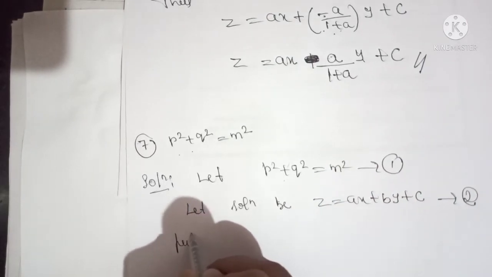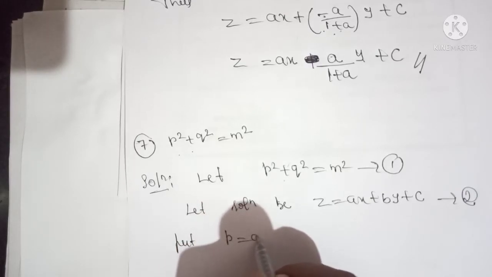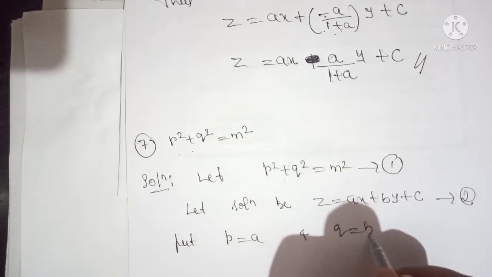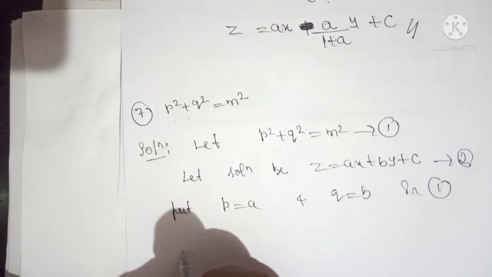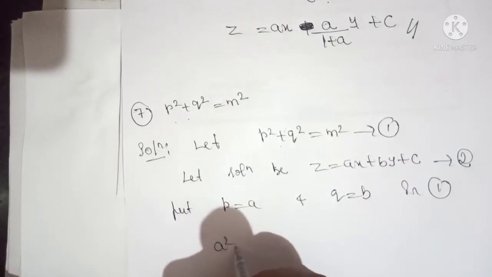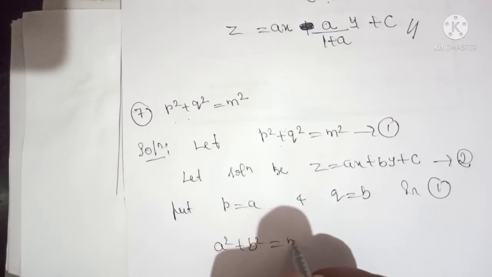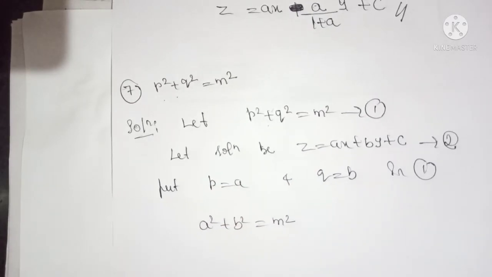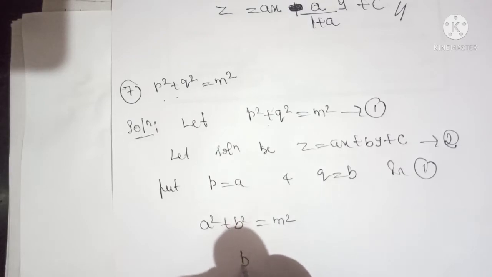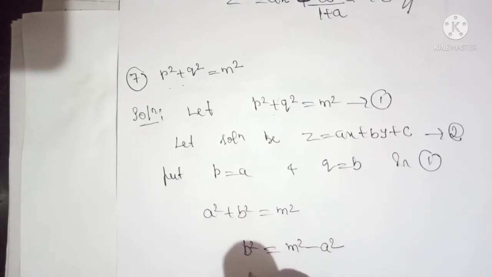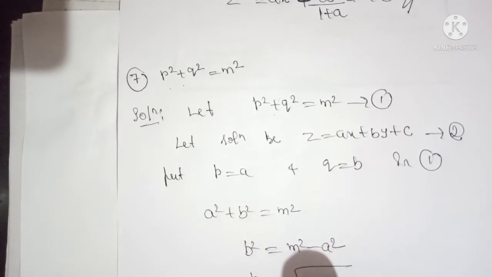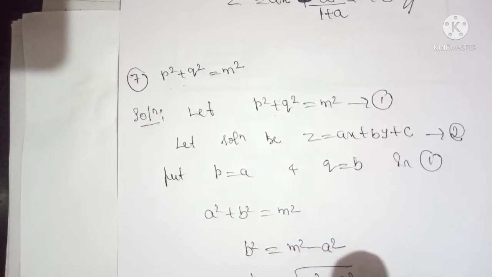Now replacing p by a and q by b in equation 1, we get a square plus b square equals m square. Further simplifying, that is solving for b, we get b square equals m square minus a square, or b equals square root of m square minus a square.